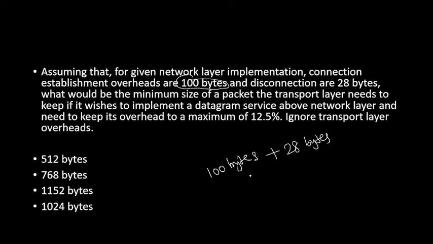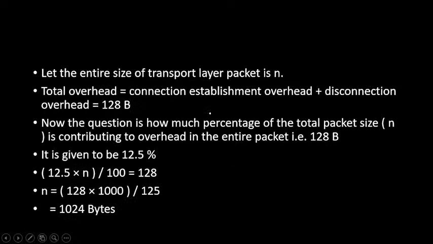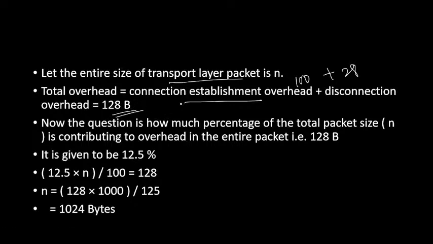So the solution for this: for the transport layer packet, the total overhead is, for connection establishment 100 bytes and for disconnection 28 bytes, so that is total 128 bytes.